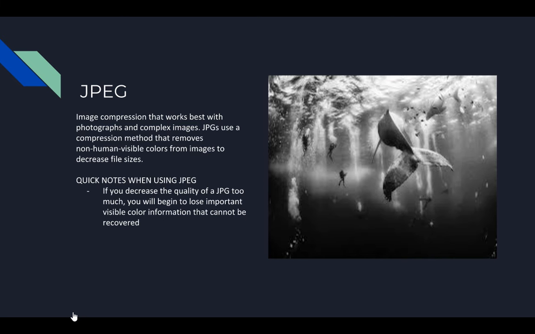But if you do that too many times, eventually you'll lose all the important data in the image, which can't be recovered. But it's good for posters or images with text on them, because it has a small file size, and you can also use it on websites because it can load faster.